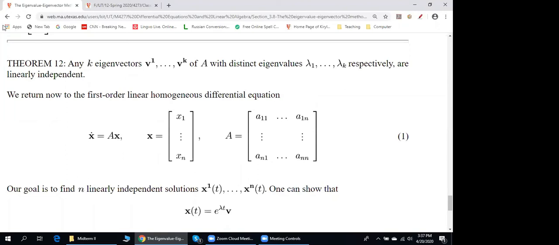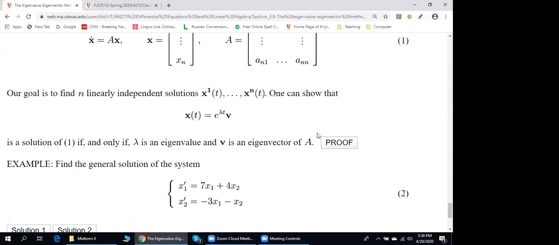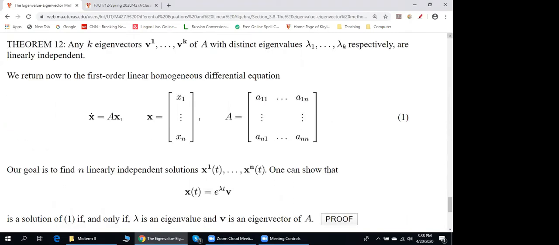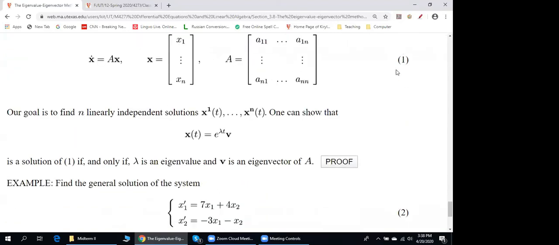If we are able to find n linearly independent eigenvectors, then in order to come up with n linearly independent particular solutions, we multiply these eigenvectors by e to lambda t, where lambda is a corresponding eigenvalue. Done? Think about questions. I'm guessing explaining how we got that equation is too complicated. Well, you can take a look at the proof.